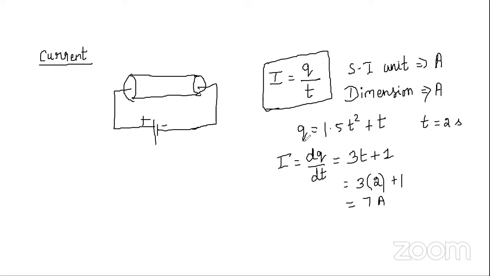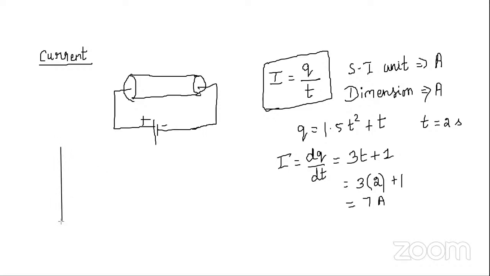In some cases, you will be given a graph, and using the graph, how will you calculate the current or even the charge flowing through the conductor? For example, let me draw a graph here.